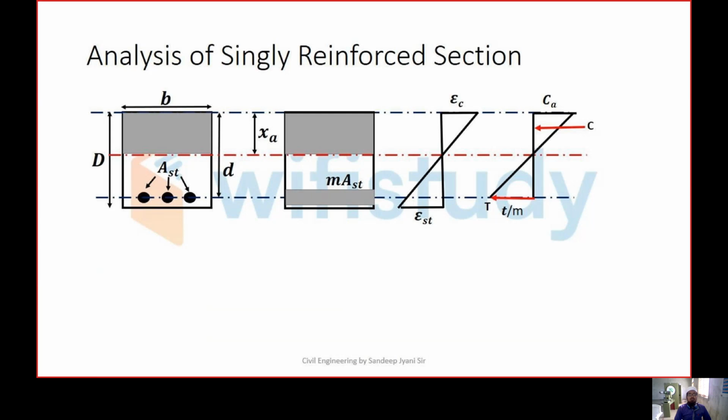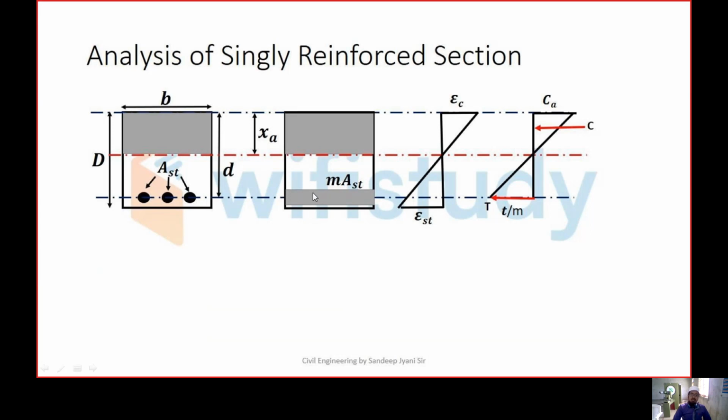Now coming to the equivalent area of concrete. If you see the original cross section of the beam here, there is tensile reinforcement provided in the tension zone. In the second diagram, you can observe the equivalent area of this beam, in which the steel reinforcement is not taken. Why?